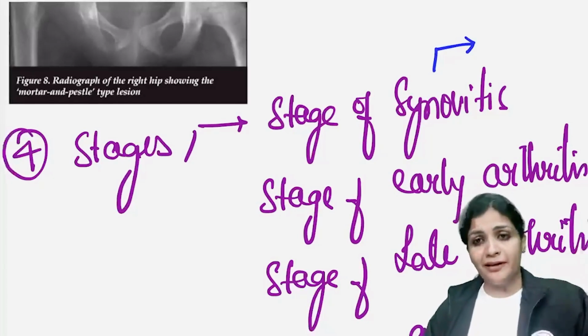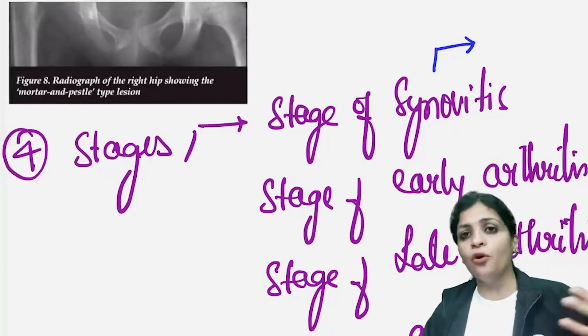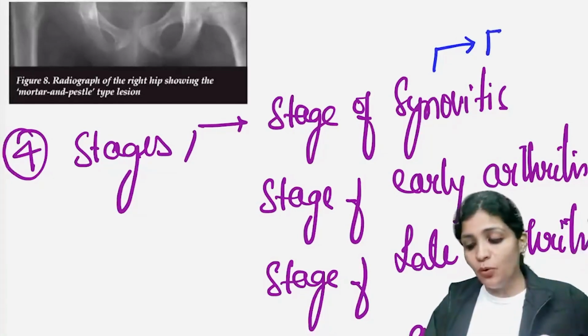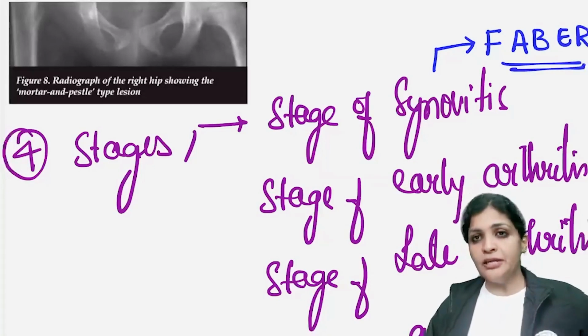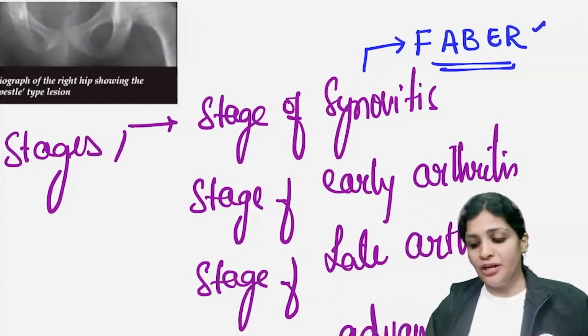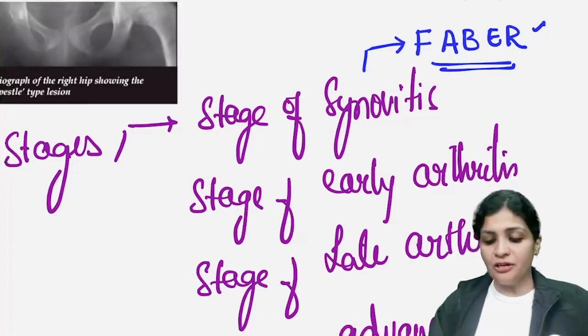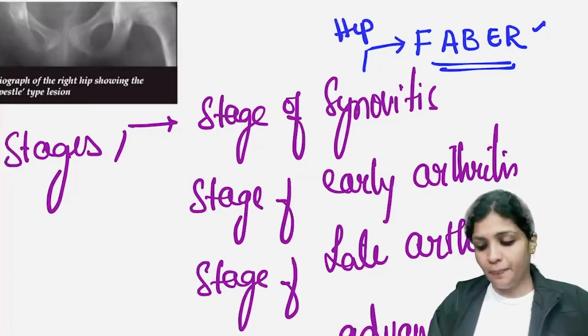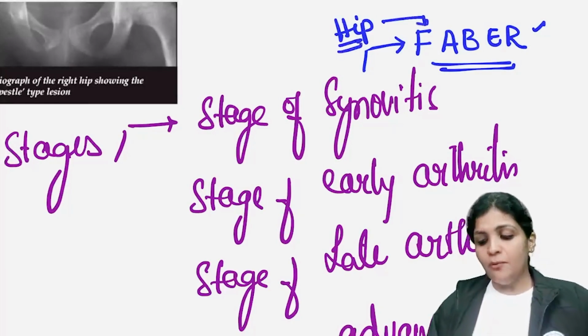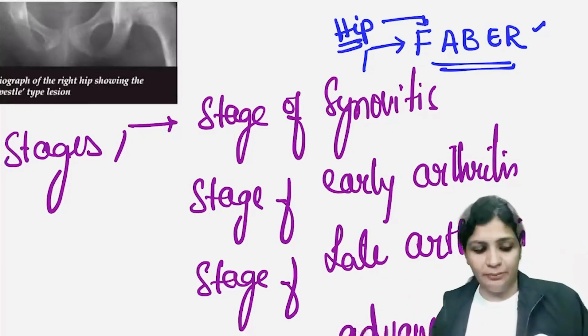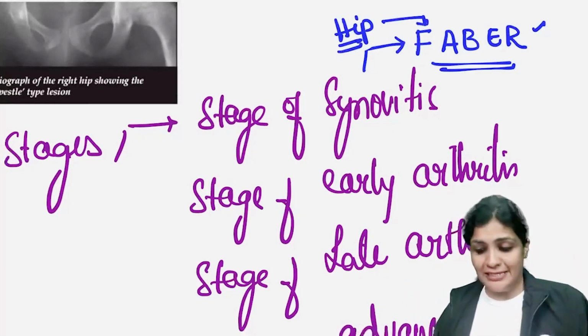Now you keep on irritating the synovium, it keeps on producing more fluid. Whenever there is more fluid, the joint takes its position to accommodate this fluid, which is flexion, abduction and external rotation for the hip joint, sorry, and flexion for the knee joint. So this is the most accommodating position of the hip, that is flexion, abduction and external rotation.